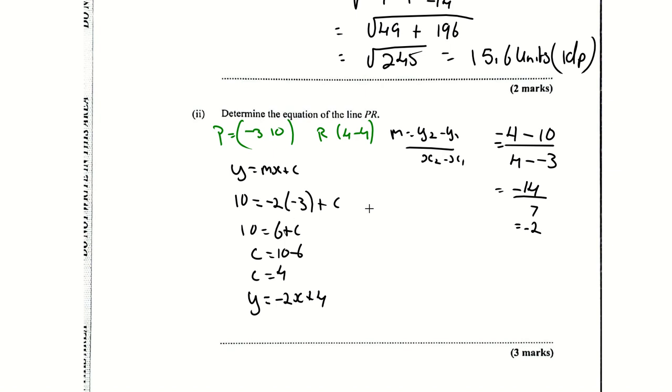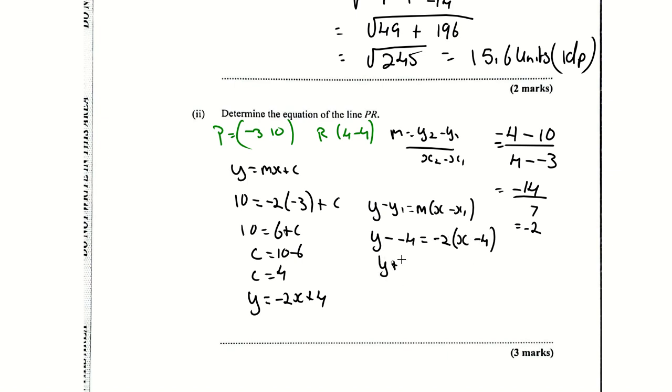Or you can use the next one, which is y minus y1 equals m times x minus x1. You can choose whichever coordinate. Let's use R (4, -4) this time. So y minus negative 4 equals m, which is negative 2, times x minus 4.